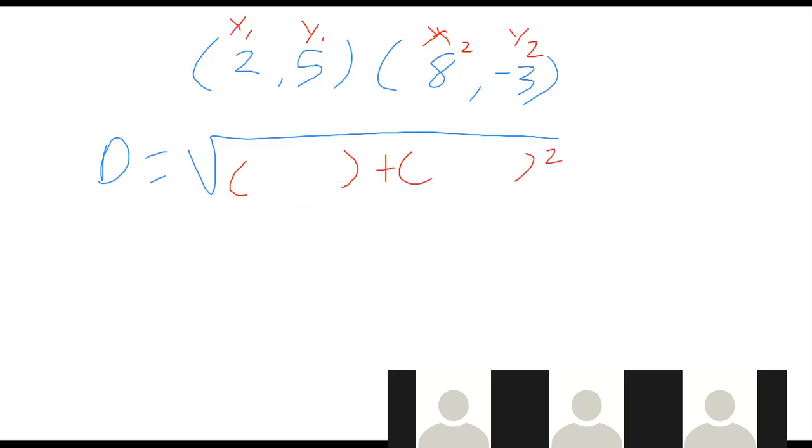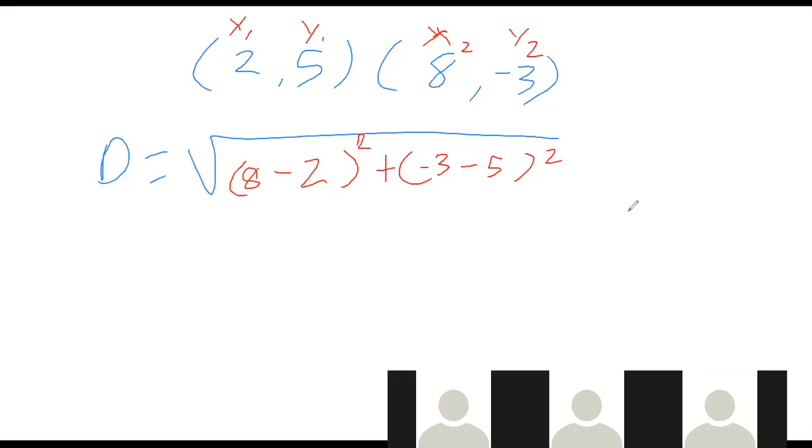So what should go in the first set of parentheses? Eight plus 2. Or actually 8 minus 2, right? It's a subtraction. It should be 8 minus 2. And on the other side, we have -3 minus 5.